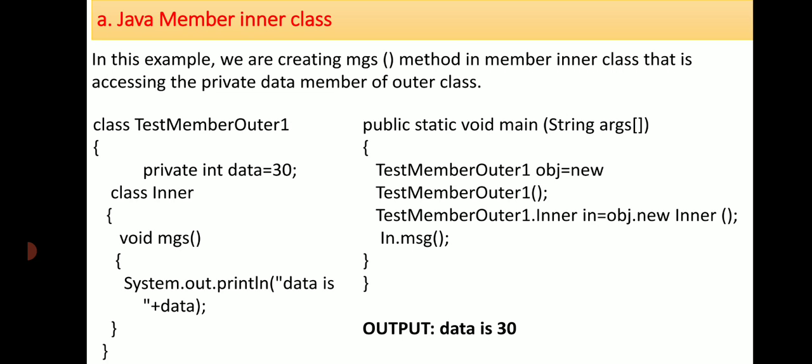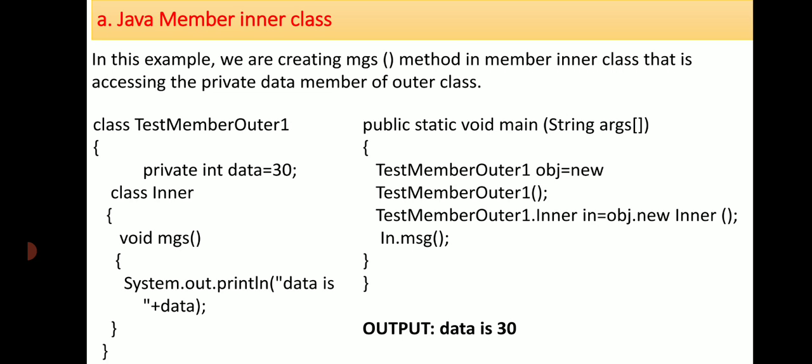Then we define the main method, and we create an object of the class TestMemberOuter, like obj. We cannot directly access the member of an inner class. To access the member of the inner class, that is the message method, we have to write TestMemberOuter.Inner, because this inner class belongs to the object of the outer class.